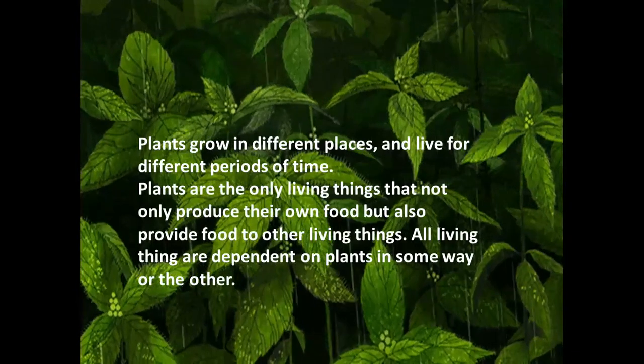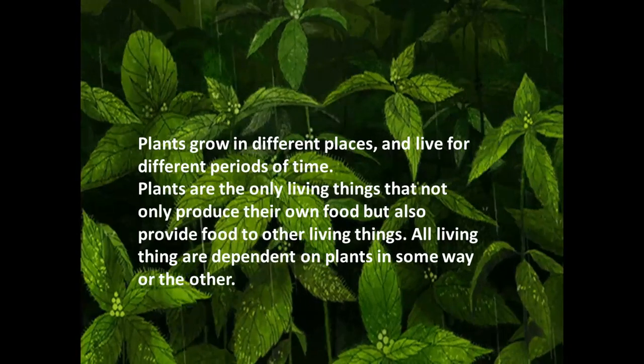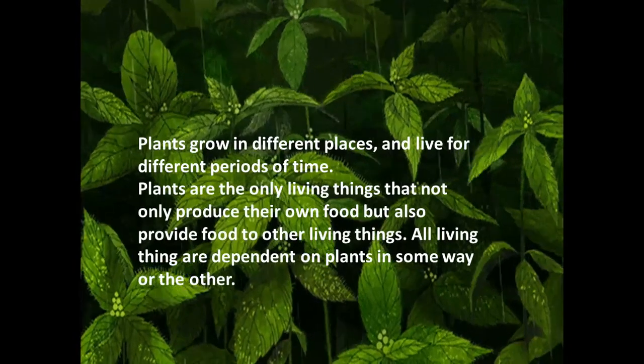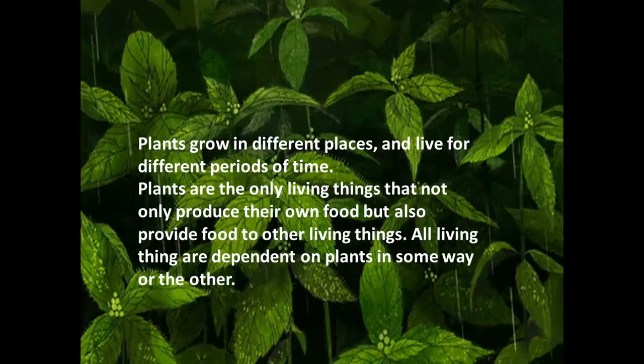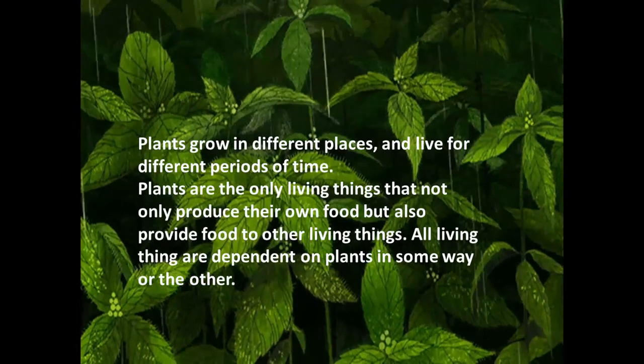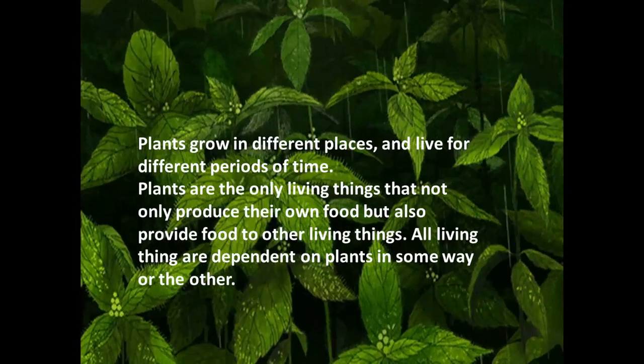In this chapter, we will try to learn what these ways are, how living things depend on plants, and how they are useful for us, for animals, and for other living creatures.